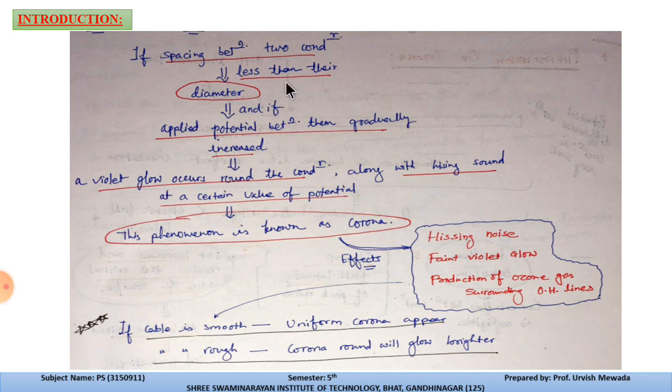This whole phenomenon of producing the violet glow surrounding the conductor is known as the corona.